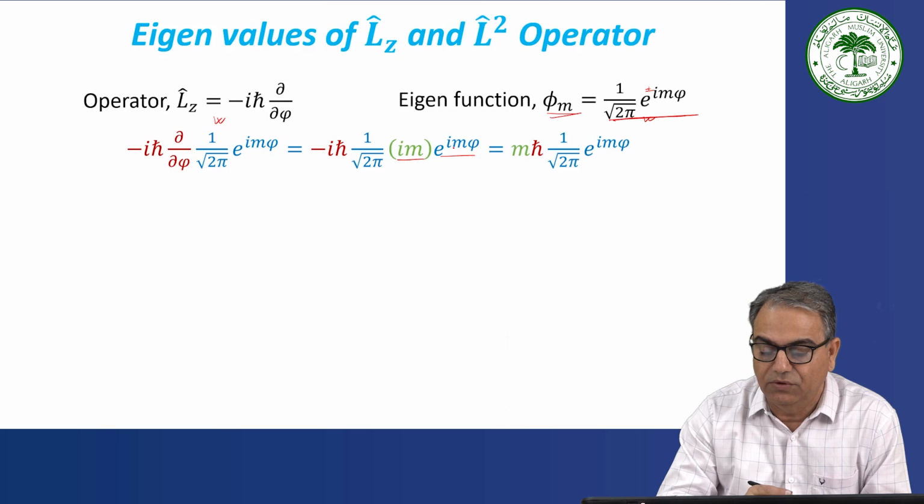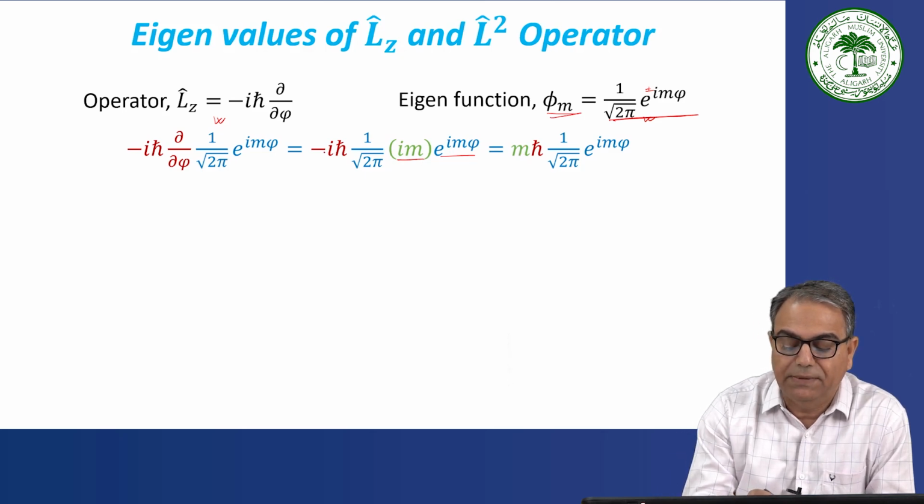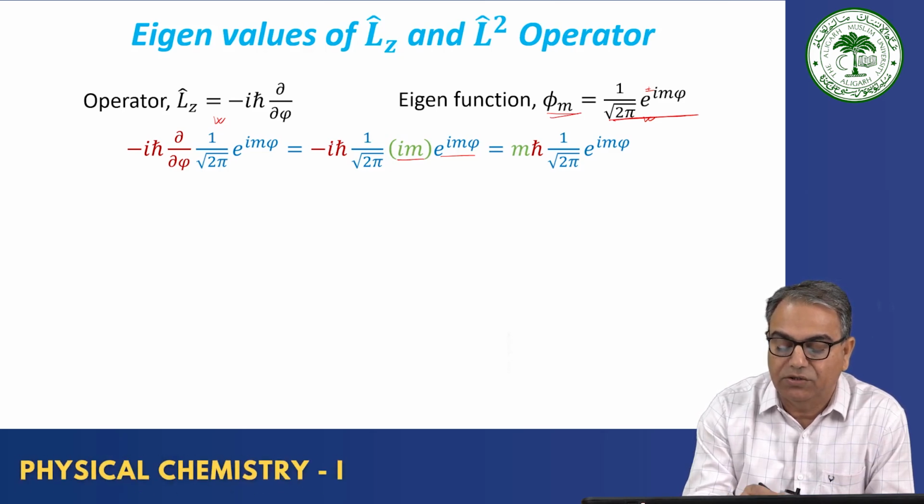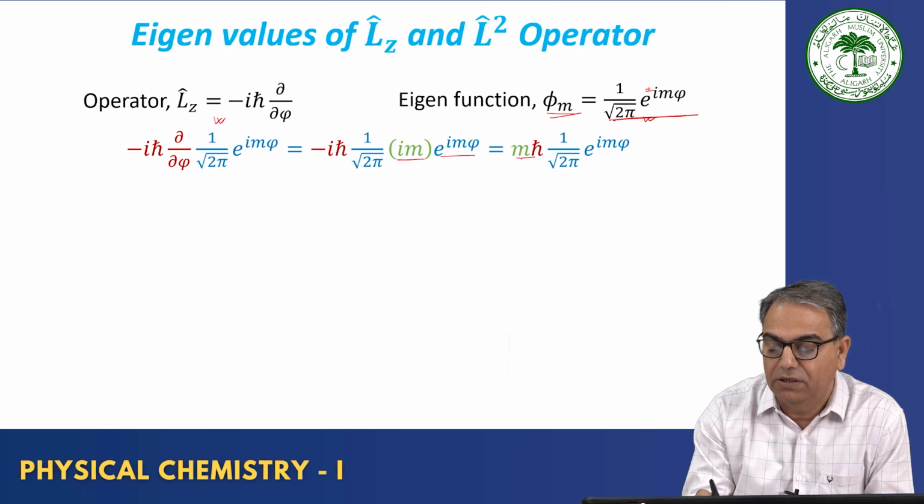Then this i and this i multiply to give i square, which is minus 1, so minus and minus cancel. You will have plus, and this m will remain and ħ will be there. So you will have mħ times 1 by root 2 pi exponential minus im phi.